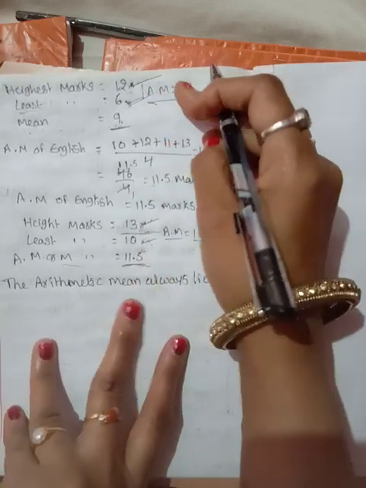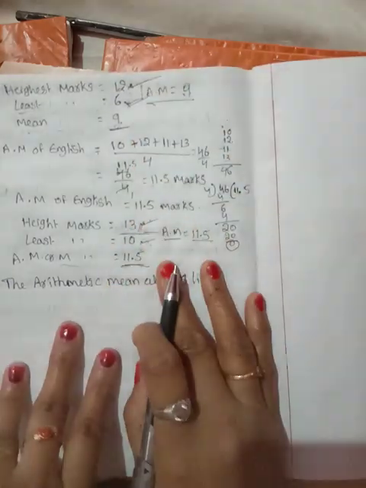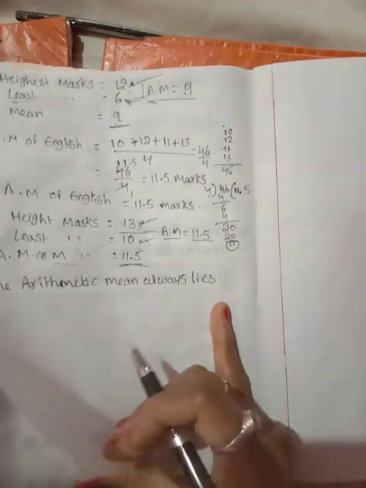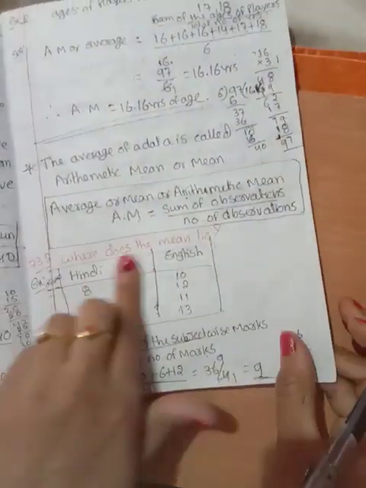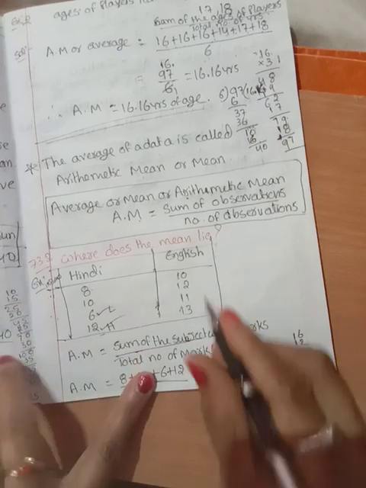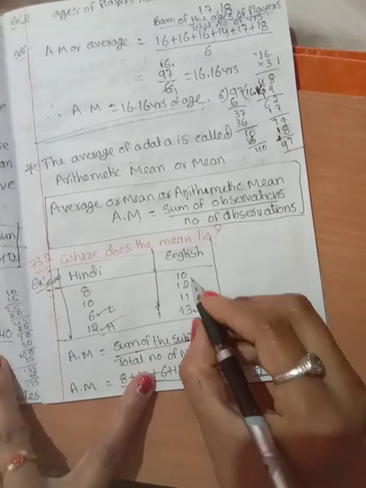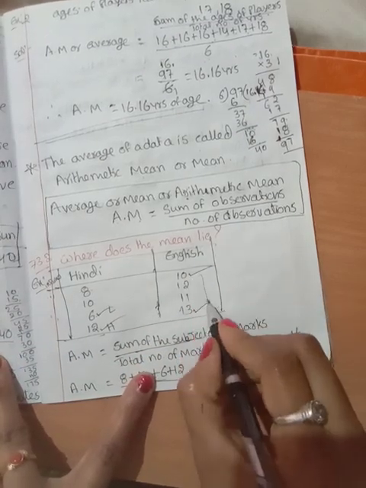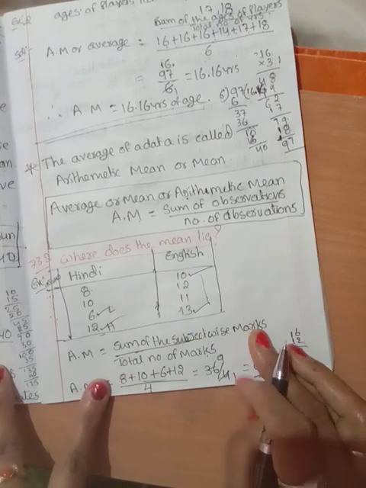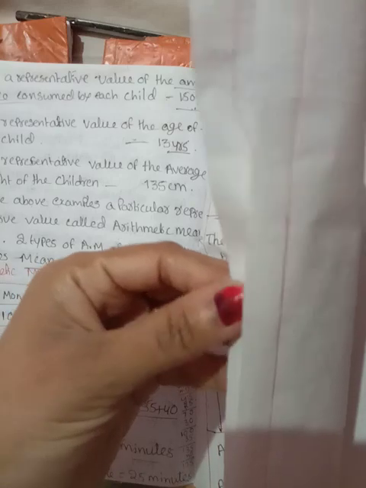Arithmetic mean lies there only. What is the question asked in 7.3.2? Where does the mean lie? The mean always lies between the highest marks and least marks. Okay, did you understand?